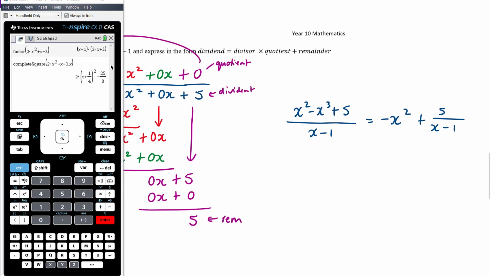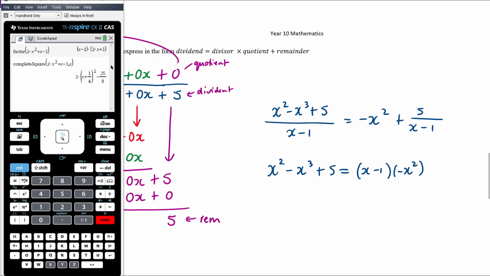And again, if we were to multiply everything in this equation by x minus 1, we're going to have negative x cubed plus x squared plus 5 equals x minus 1 times negative x squared, plus 5.